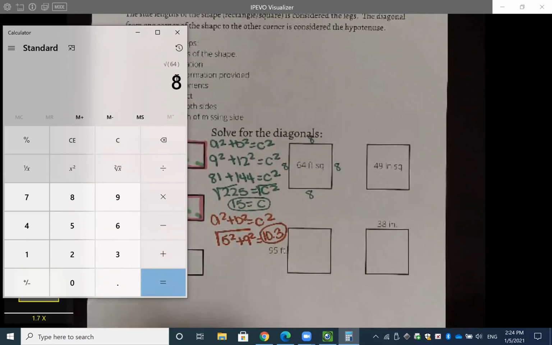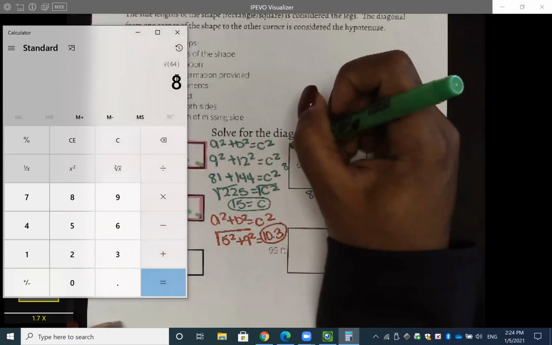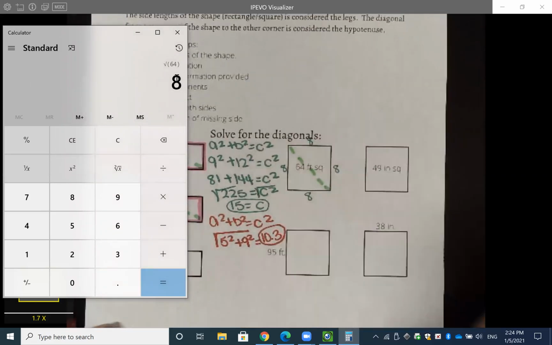If we have this, the only thing we can be solving for, if it's a square, is your diagonal, because you know your two side lengths. So we don't know what our diagonal is.